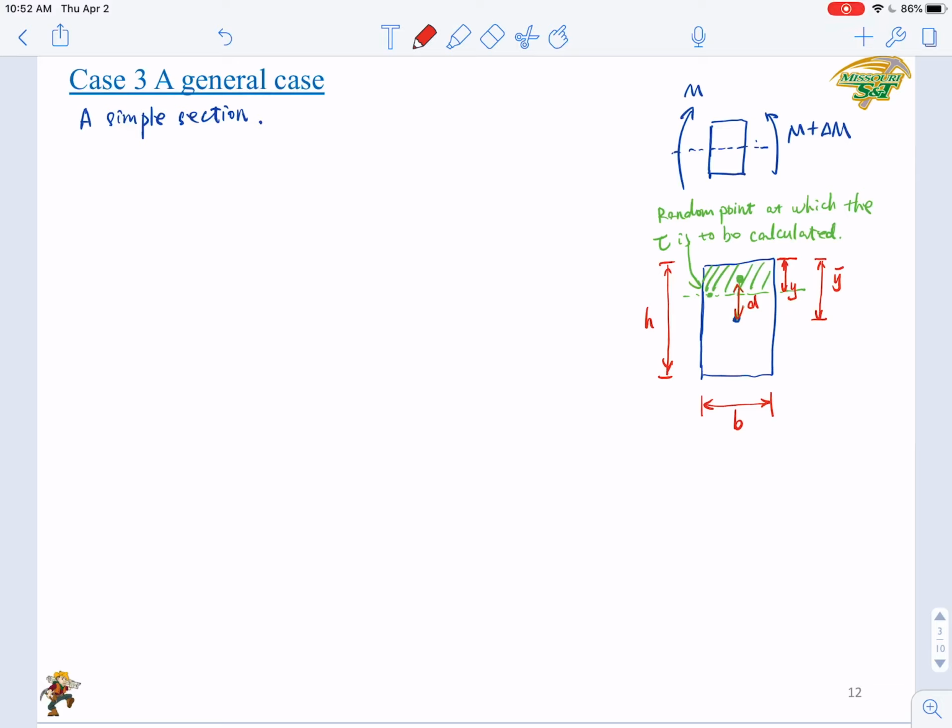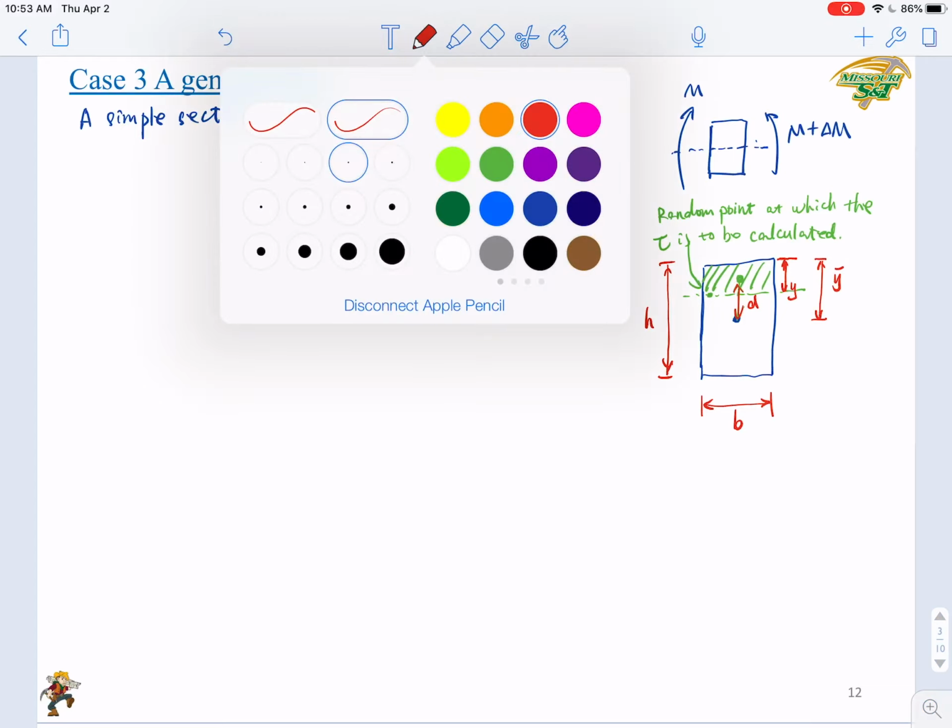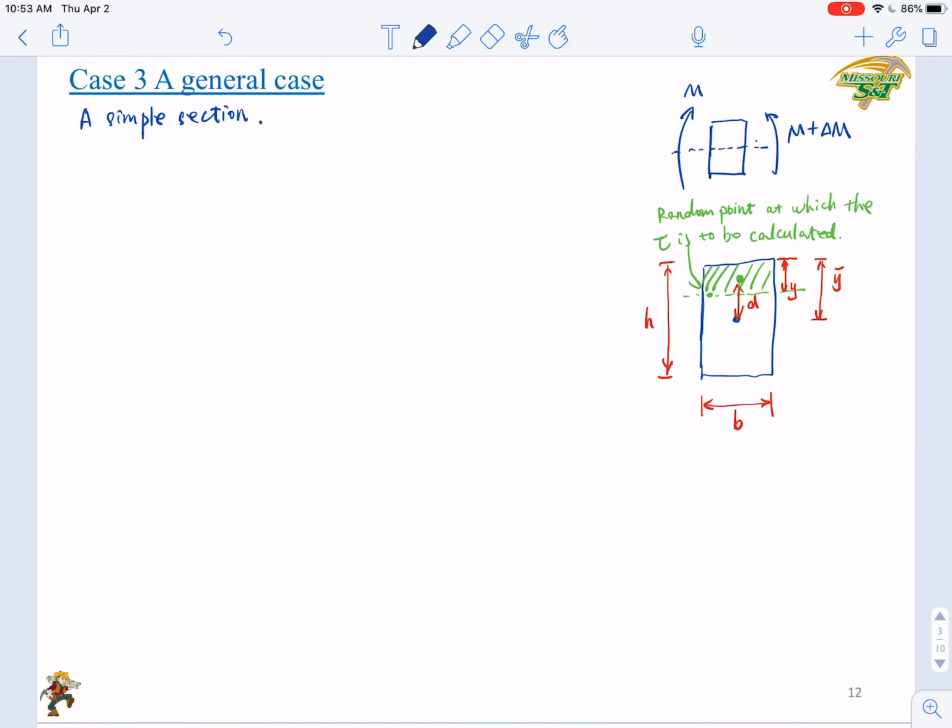So based on this, we can calculate the delta F and Q and then tau, right? This is based on the equation we just derived. So here the delta F can be calculated as delta M by Q over I, right?